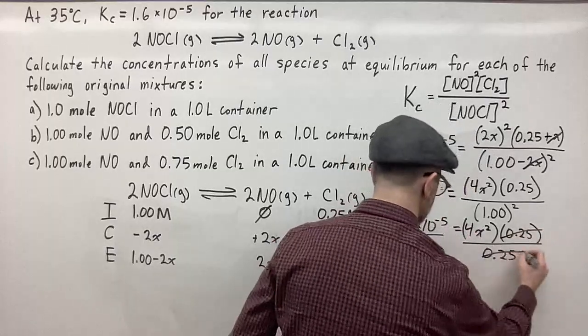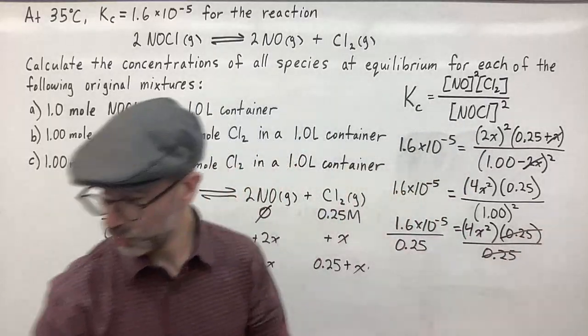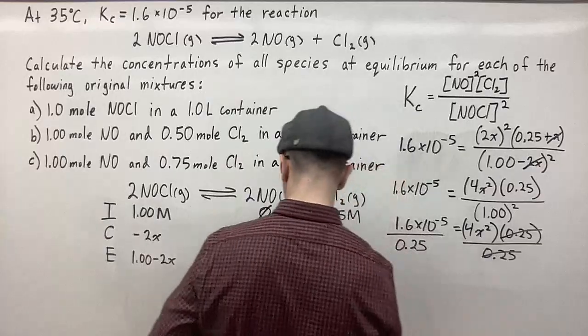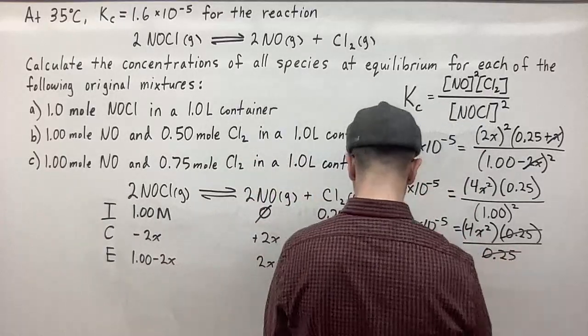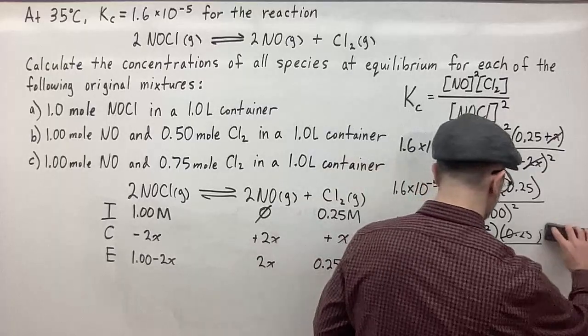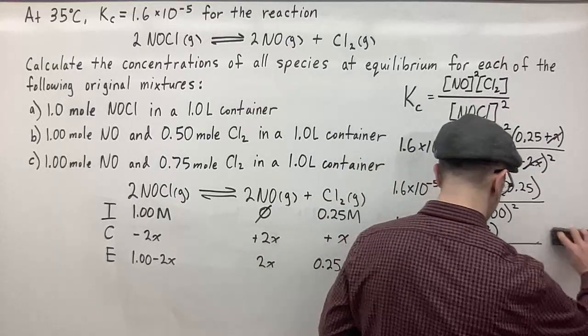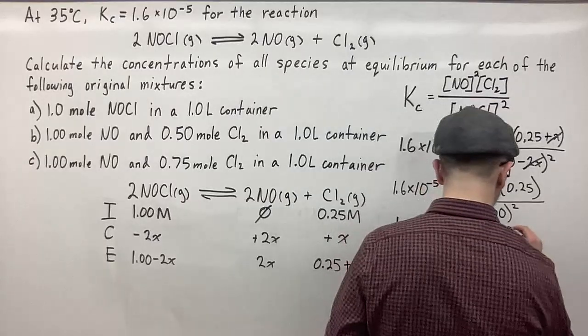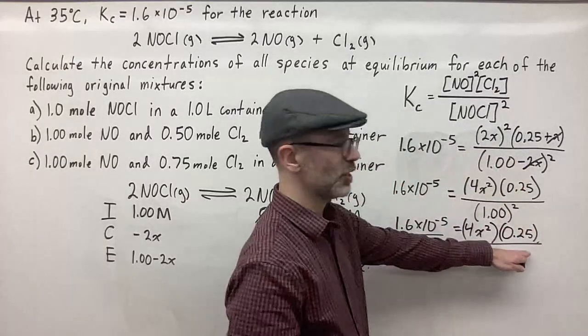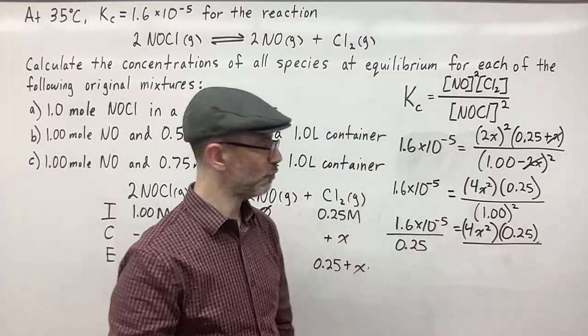So that cancels out, and then at this point we get, what do we get? Oh, I forgot. Let me back up. This actually simplifies a little bit better. If you recognize 0.25, that's the same as 1/4.